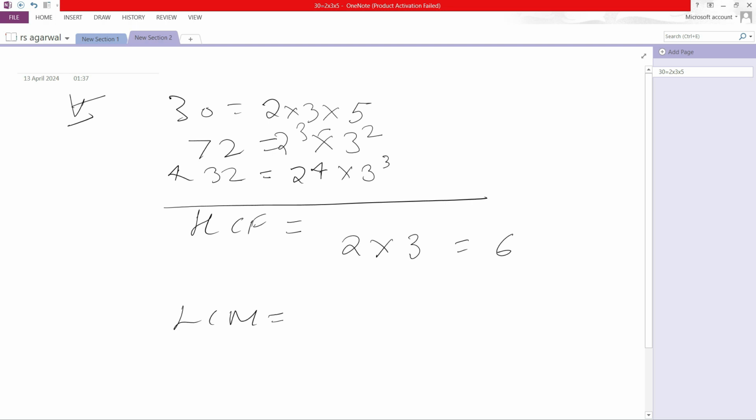Now LCM, we'll take the highest power of 2, that is 2 to the power 4, multiplied by 3 cube into 5, that is 2160.